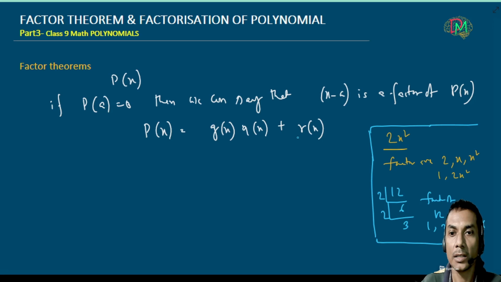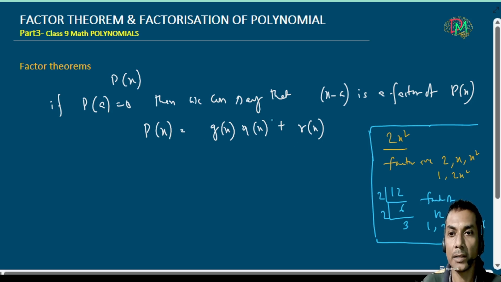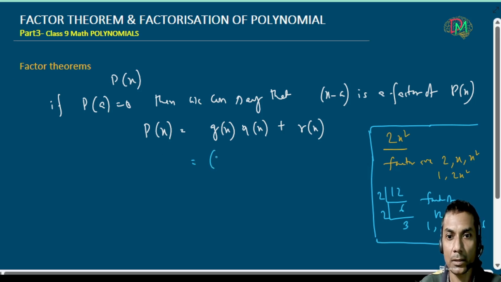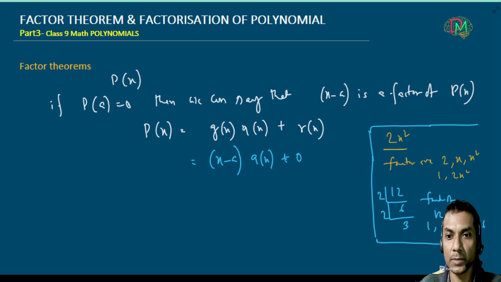Now here, what happened when there is a factor? This g(x) is the divisor, which is given as x minus a, and it is q(x), but then r(x) becomes 0.